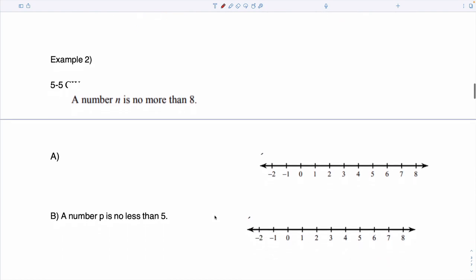The second level is not going to just say the actual symbol. It'll give you a little more complicated word. If you heard a number n is no more than 8, and it doesn't say greater than or less than or greater than or equal to, here's what I want you to think of. I want you to think of a donut.